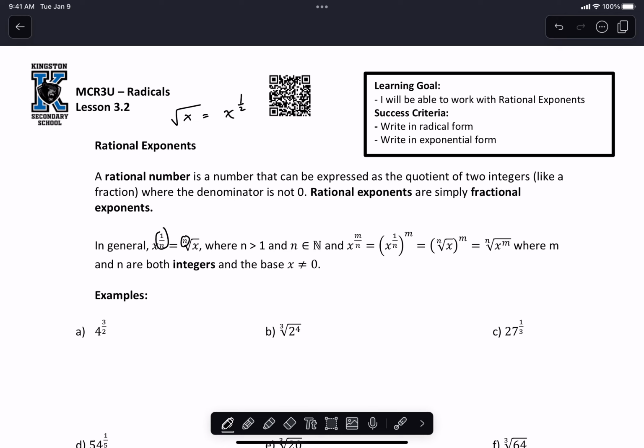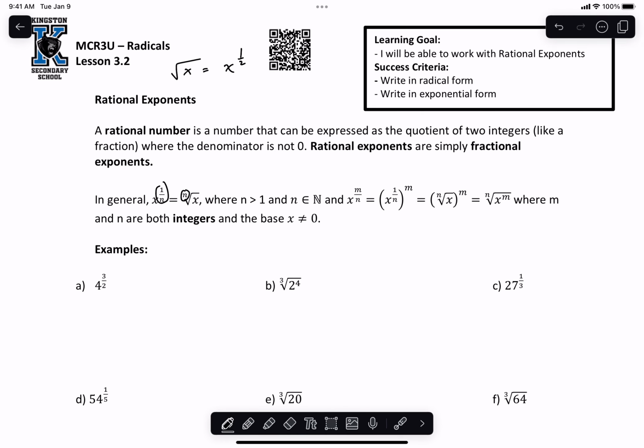So if n is greater than 1, n is a part of the real numbers. So x to the power of m over n can be rewritten as x to the 1 over n, to the power of m. This looks like a lot of jumble, but it is stuff that you saw yesterday with your power laws. This is just going in the opposite direction. You'd have powers raised to powers, so you would multiply the exponents.